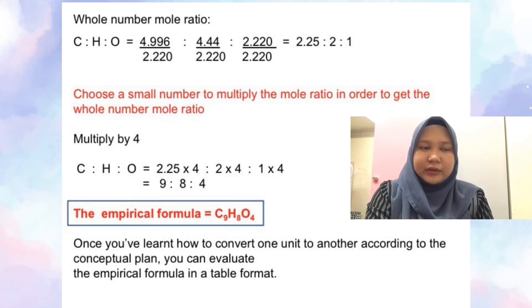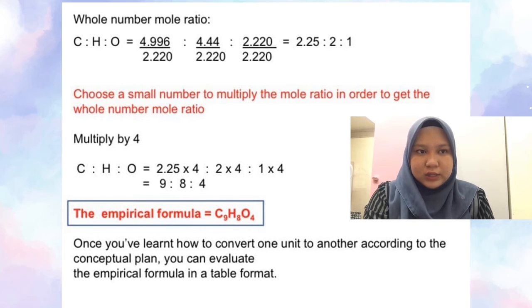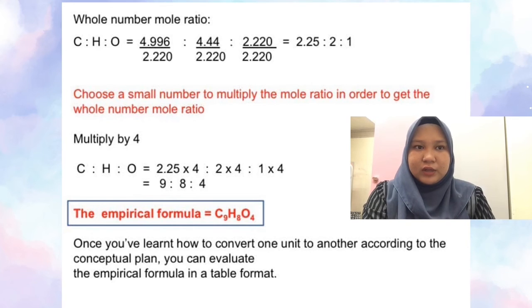Carbon, hydrogen, oxygen: 4.996 divided by 2.220, 4.44 divided by 2.220, and 2.220 divided by 2.220, equals 2.25, 2 and 1.